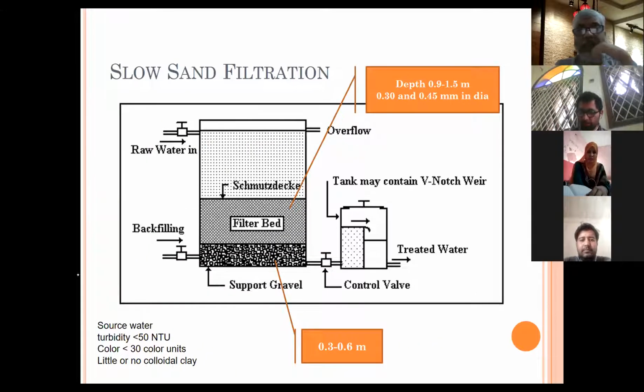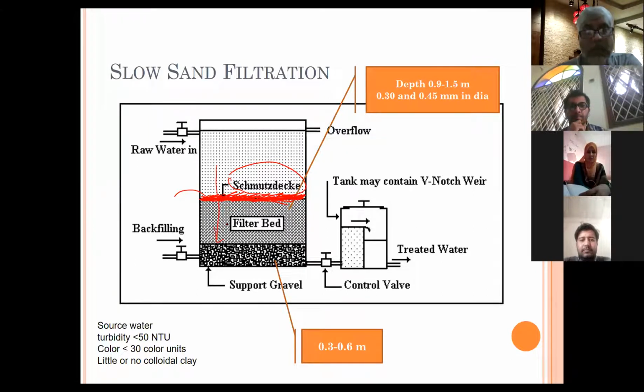In the case of a slow sand filter, we don't backwash. The particles accumulate on the top of the bed and form a layer. We call it the Schmutzdecke layer. This is a scientist's name. He investigated this layer and found that it has not only particles but also microorganisms living in it.